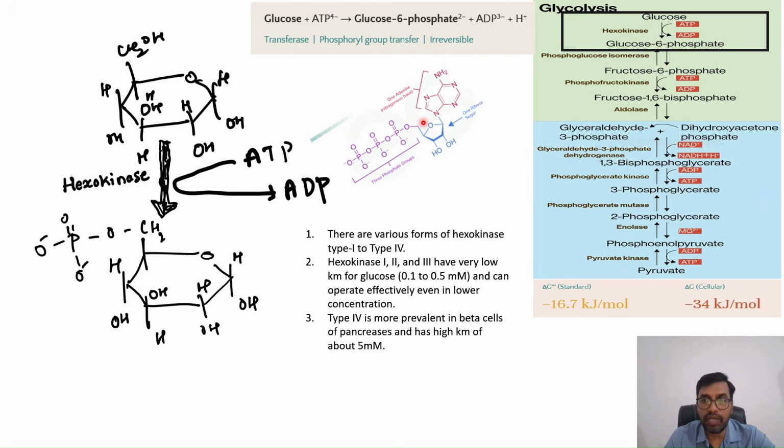ATP is a coenzyme here. Hexokinase binds both glucose and ATP, takes the gamma phosphate group from ATP and transfers that phosphate to the 6th carbon of the glucose molecule. This is what happens in the first reaction, where glucose is converted into glucose 6-phosphate.